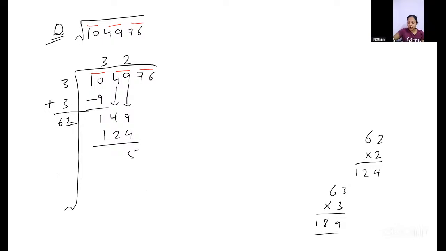Subtracted. 25. 4 minus 2, 2. Then add 2 on the side. We will get 62 plus 2, 64 and put a dash. Then bring down the next pair, 76.